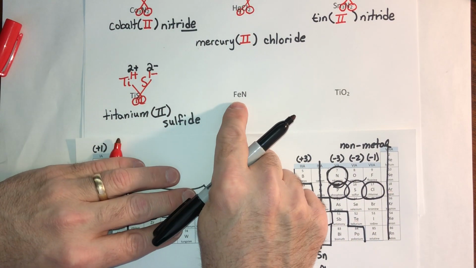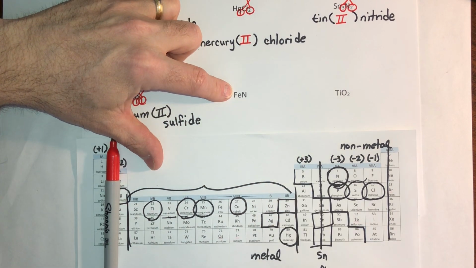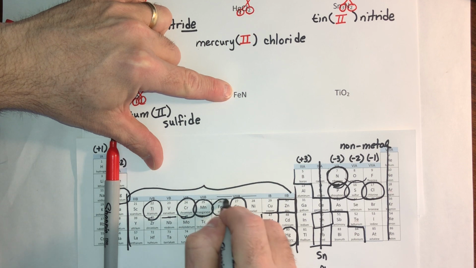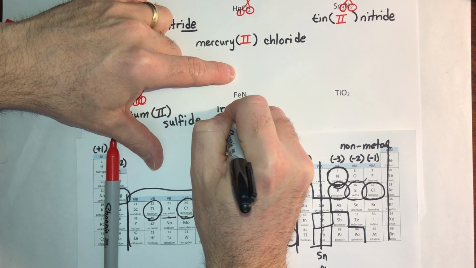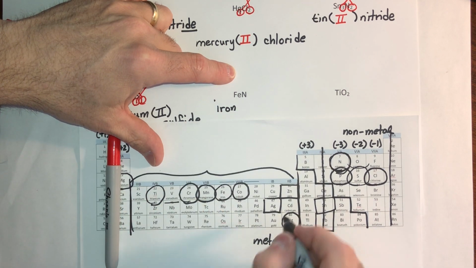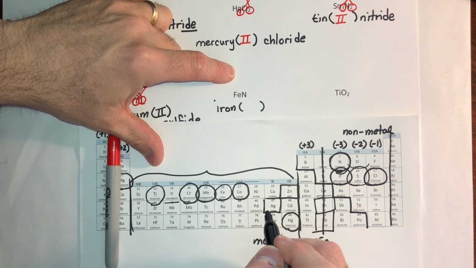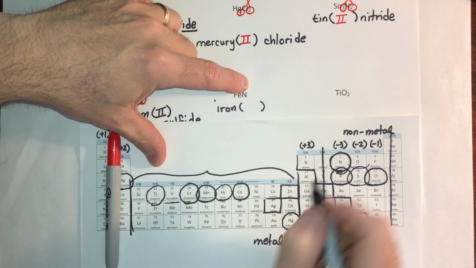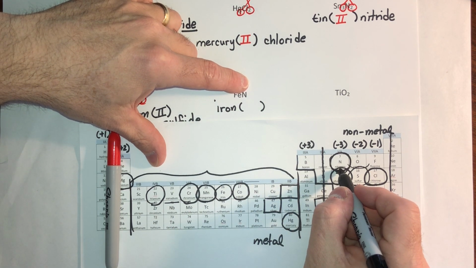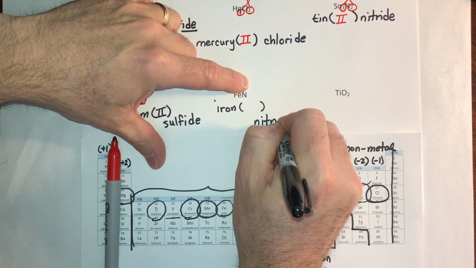If I look at this one here, FeN. Fe is iron. It's a transition metal. It is not one of the exceptions, so it will need Roman numerals. N is nitrogen, but it becomes nitride.